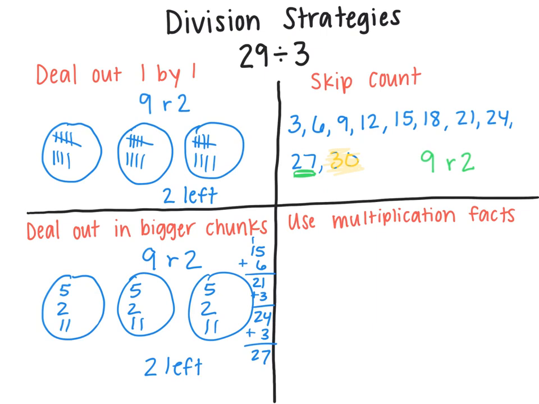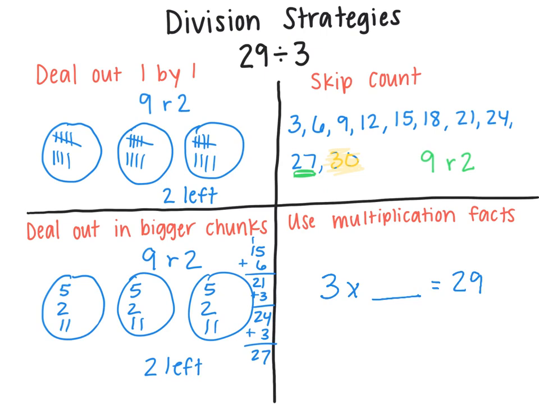Now you might know your multiplication facts really well, and this strategy would work for you. So it's use multiplication facts. So I might think, 3 times what gets me closest to 29.